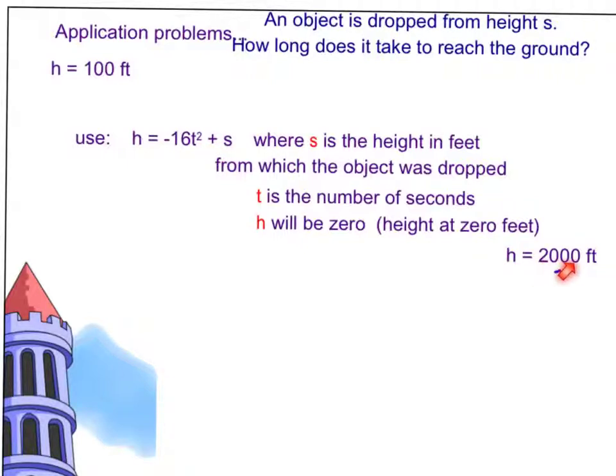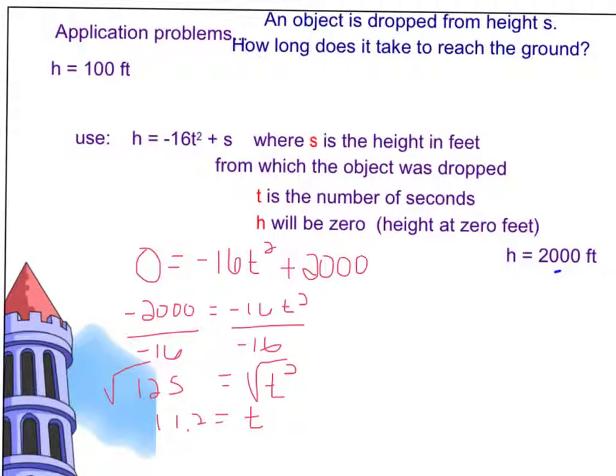So this 2,000 feet is going to go in for s, and we want to know when it reaches the ground, so that will be a height of 0. So you plug in 0 equals negative 16t squared plus 2,000, and then you solve from there. So take a moment and solve.